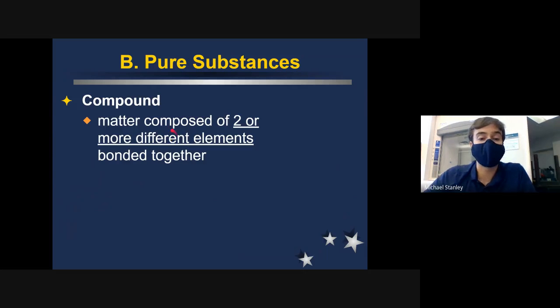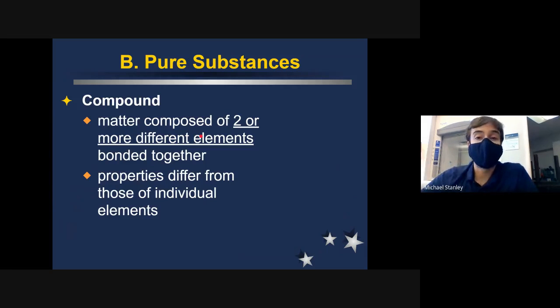So different is the key word right here. If there's different atoms in there, then we no longer have a pure element, we have a compound. Either they're covalently bonded or they're ionically bonded, but somehow these different elements are bonded together. They're stuck with each other.